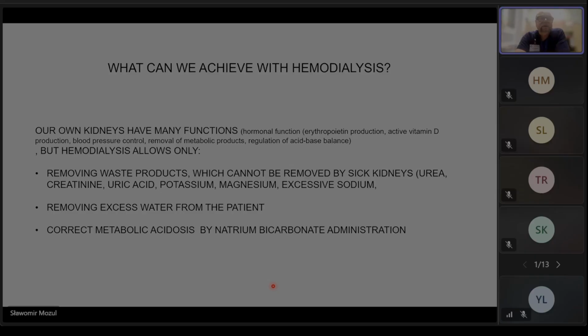Removing waste products which cannot be removed by sick kidneys: urea, creatinine, uric acid, potassium, magnesium, excessive sodium; removing excess water from the patient; and correcting metabolic acidosis by sodium bicarbonate administration. So there are only 3 functions.